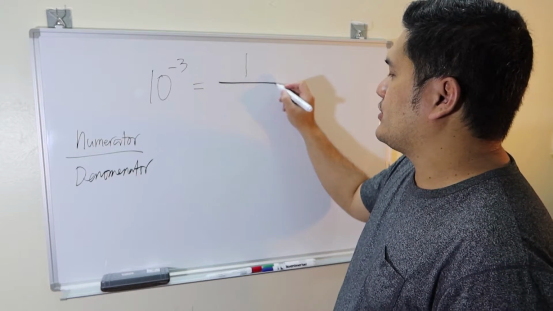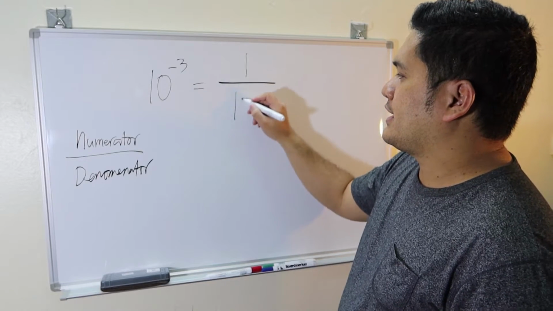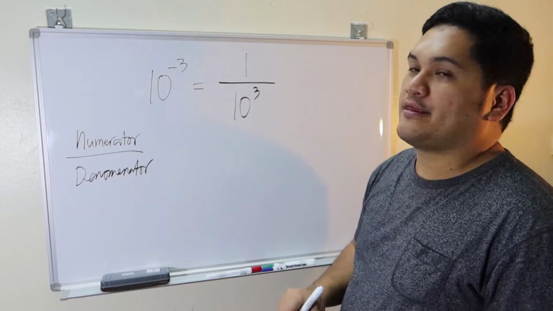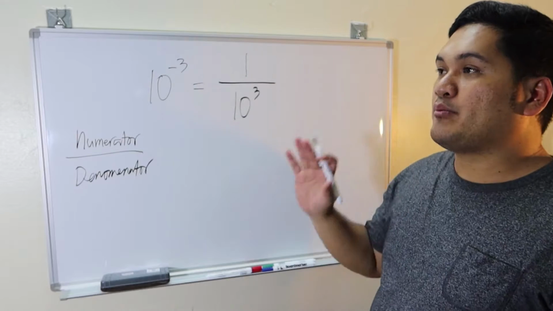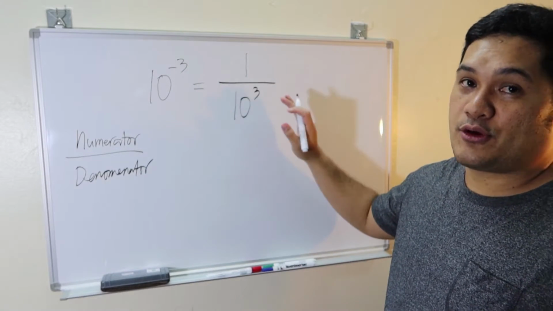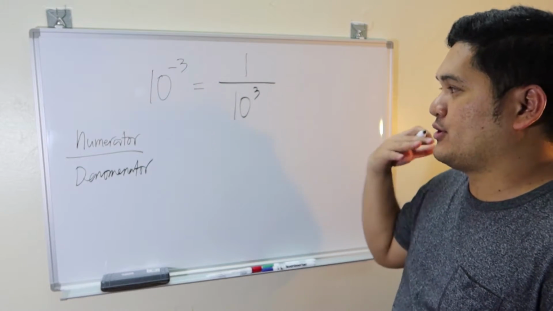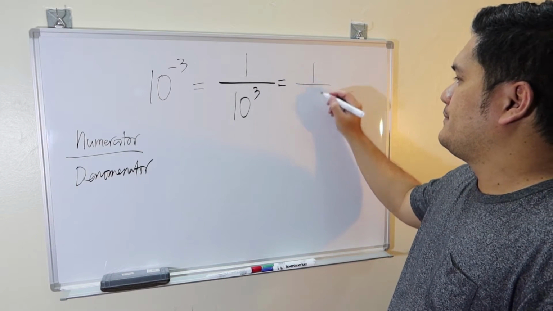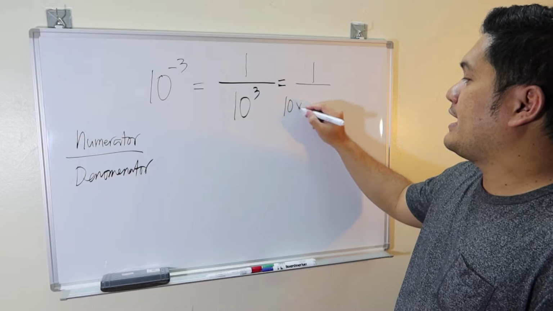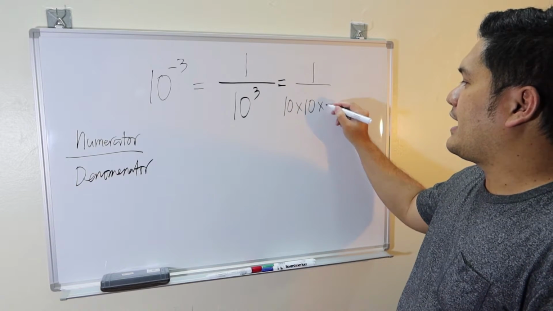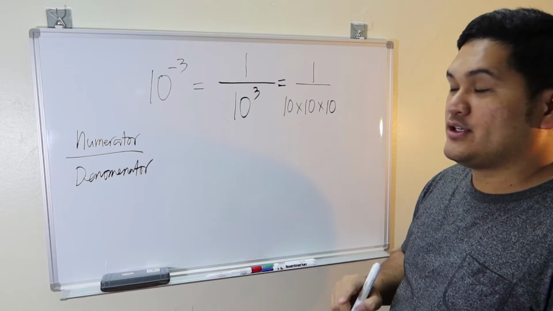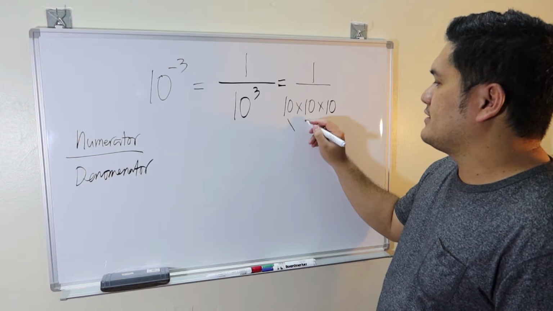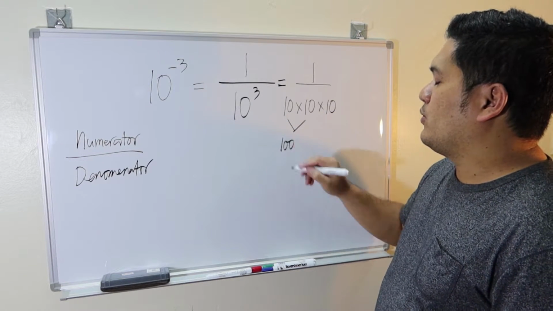1 is your numerator over 10 raised to 3. So, kung i-simplify na natin ang 10 raised to 3, this is equal to 1 over 10 times 10 times 10. Diba? So, what's the answer? 10 times 10 is 100.